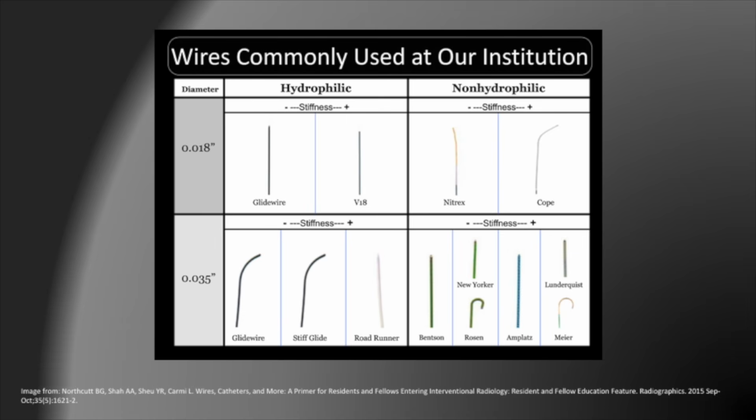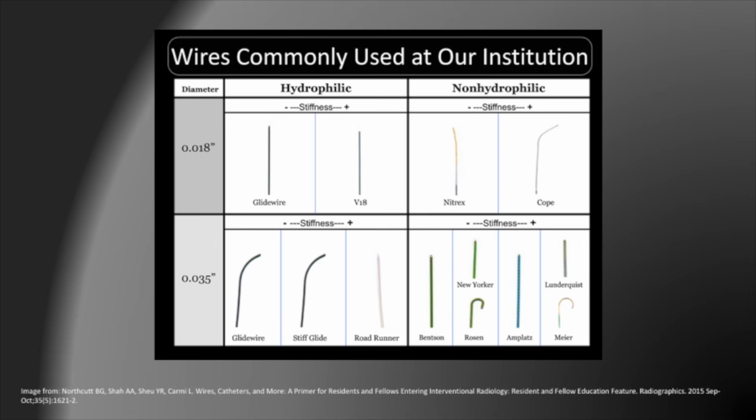This is another diagram from the radiographics article, and again, it is not meant to be memorized. I included this diagram just to demonstrate that there are many different types of wires for different purposes. If you look all the way on the left, they're divided into 2 rows. The top are wires that are 0.018 inch, and the bottom are wires that are 0.035 inch.